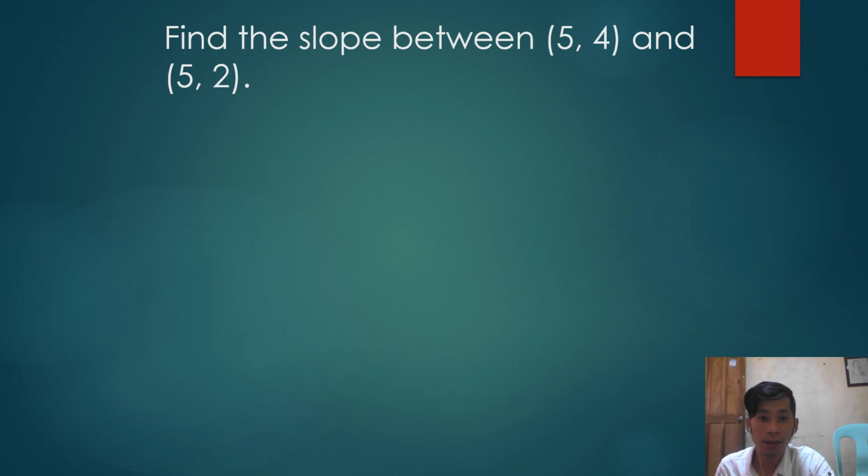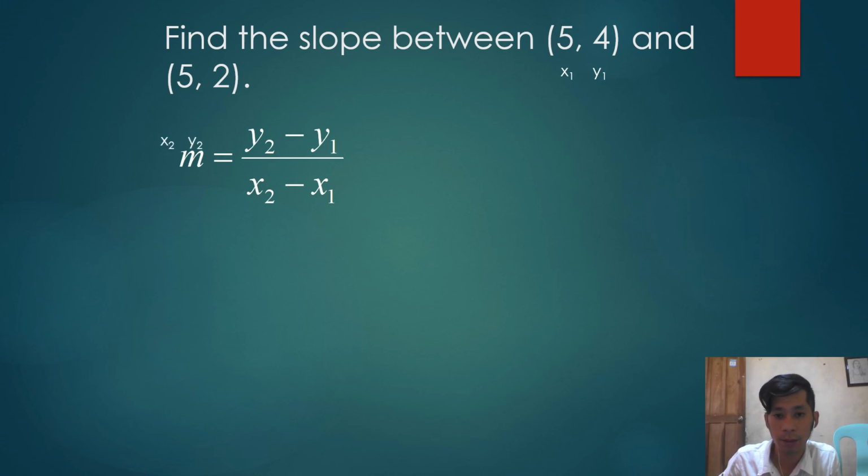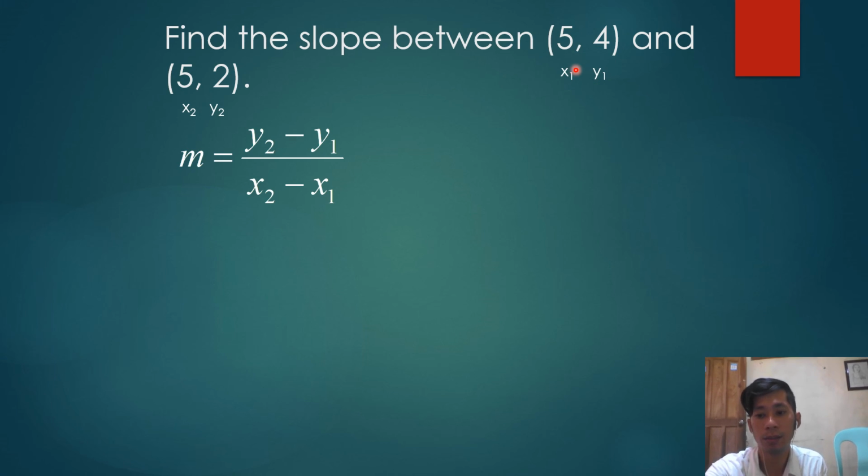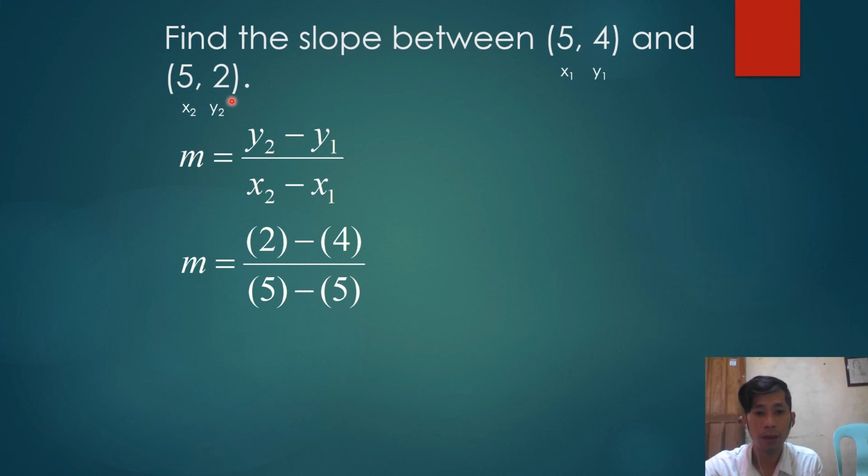Another example, find the slope between (5, 4) and (5, 2). Again, write the formula first, and designate where is your sub 1 and sub 2. Then, using substitution, replace y sub 2 by 2, y sub 1 by 4, x sub 2 by 5, and x sub 1 by 5.